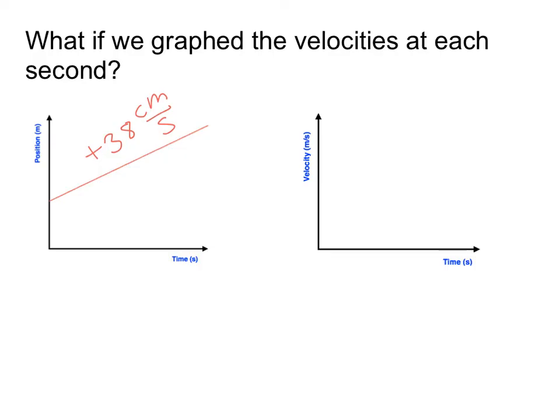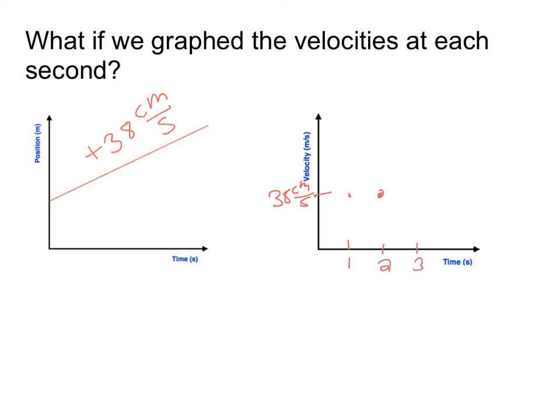We want to ask ourselves, what is the slope at 0 seconds? And again, since this is a straight line with the same slope everywhere, we know that at 0 seconds, the velocity is going to be 38 centimeters per second. Furthermore, at 1 second, it's going to be 38 centimeters per second. At 2, 38 centimeters per second.